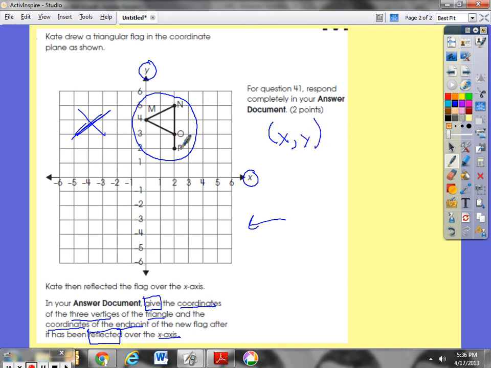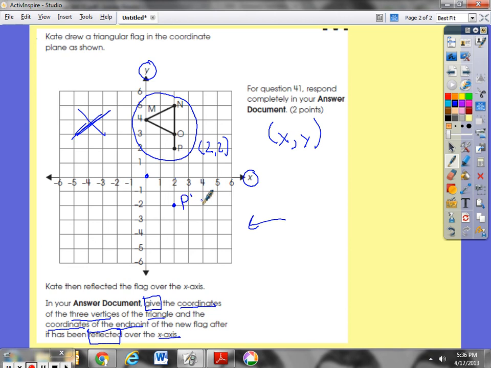Now let's look at point P. Point P right now is at, starting at my origin, 2 on the x, 2 on the y. So it is at 2, 2. If I reflect P over the x-axis, it's still going to be 2 away from the x-axis, and also 2 away from the y-axis. So actually, it is right here. I will call this P image.